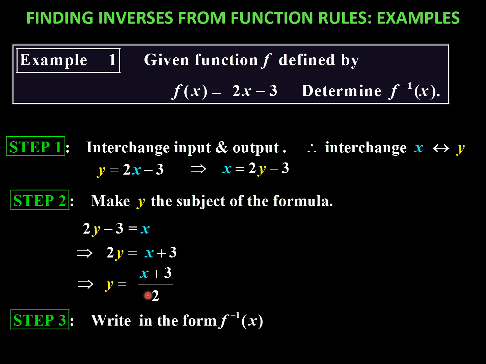And now we can write it in the required form, the inverse of f(x), and there we have (x plus 3) divided by 2. We compare it to the original. We can see there we have subtract 3, and there we have the opposite, plus 3. There we have multiply by 2, and there we have divide by 2.